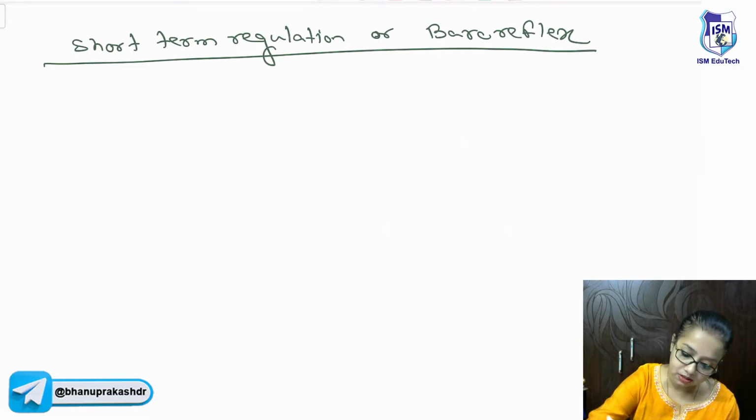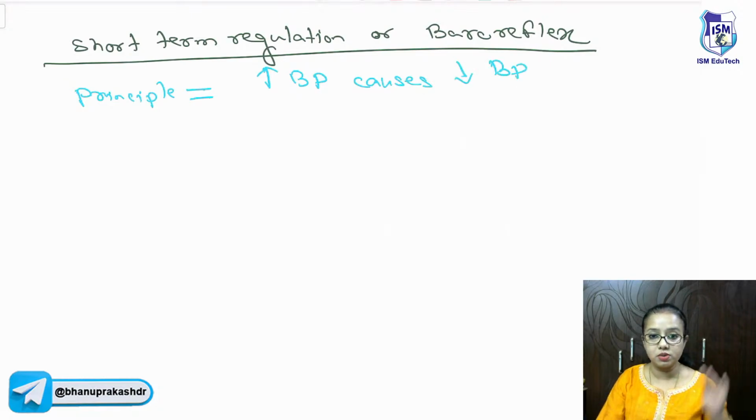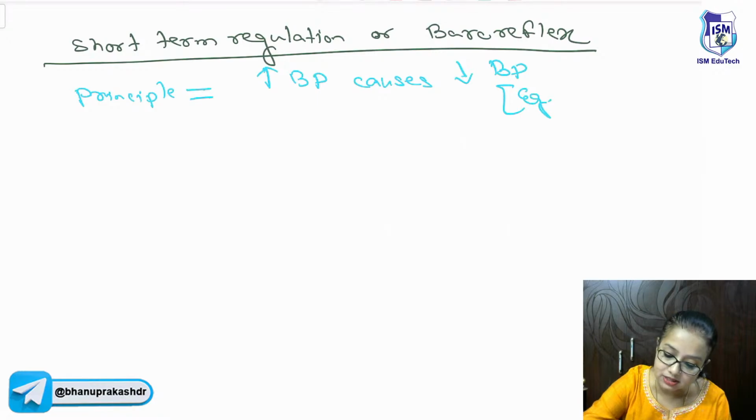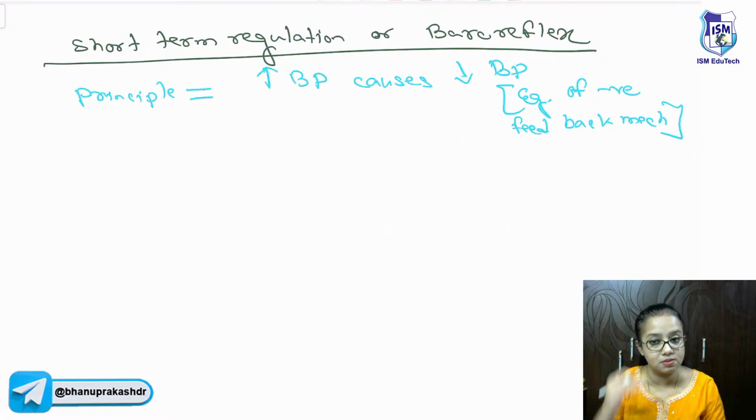The principle here is that increase in the blood pressure causes decrease in the blood pressure. So whenever there is increase in the blood pressure, it immediately causes decrease in the blood pressure. And this is an example of a negative feedback mechanism.